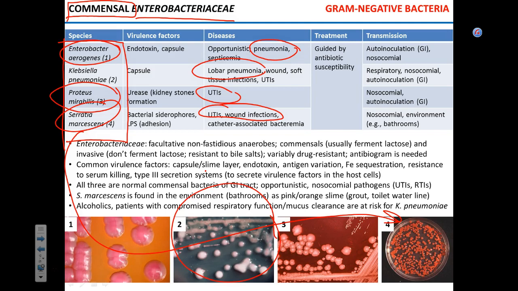This is why in the treatment graph, the statement is treatment is guided by antibiotic susceptibility. Remember we did a lab when we checked the antibiotic resistance of various microorganisms? That Kirby-Bauer disc diffusion test is done in the hospital as an antibiogram.